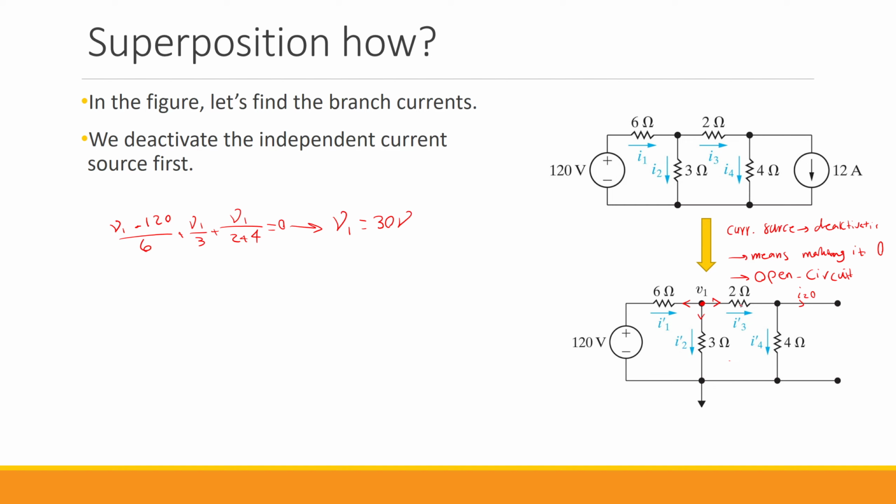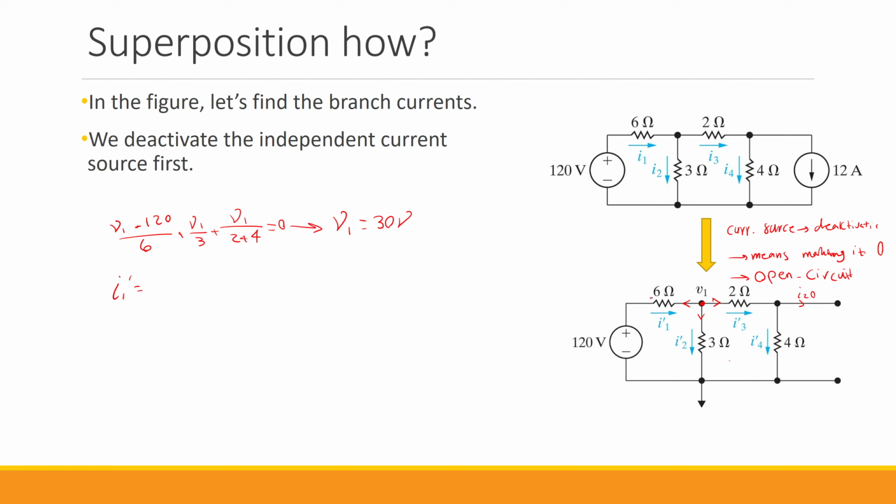So now that we have the voltage here, we want to find the current that goes through these individual elements. So I named them with a prime accent to show that they are different than the original value that we want to calculate. So what is I1 prime?